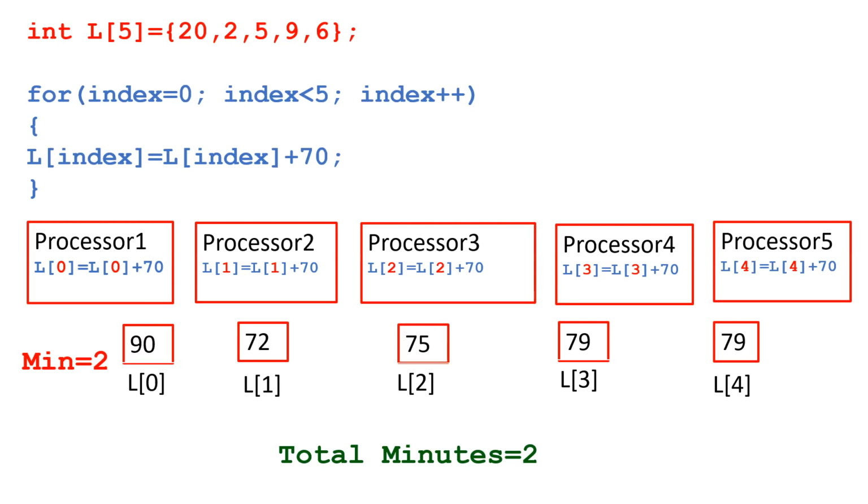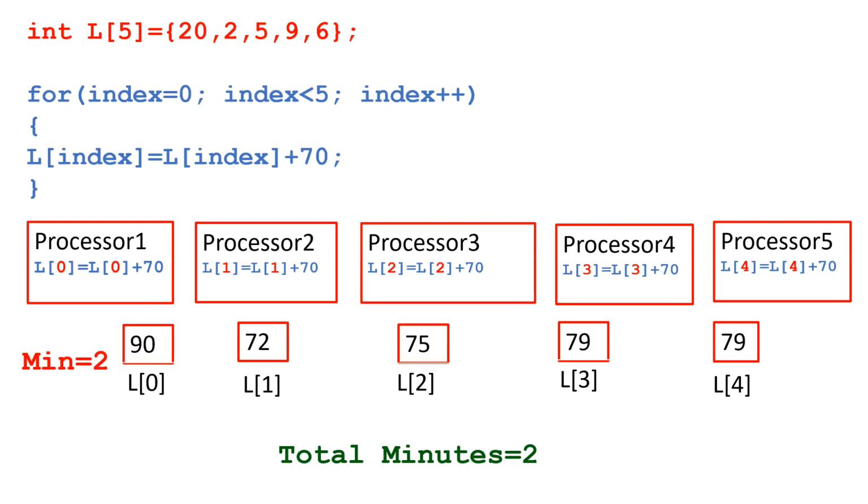And when these parallel tasks are executed by different processors, it will take only 2 minutes. Only within 2 minutes, every task will be performed, and the complete array will be processed.